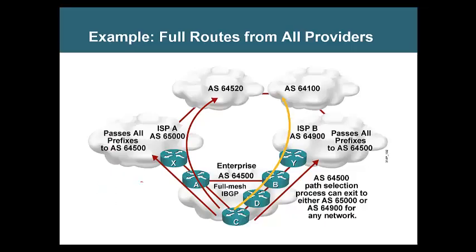Next, the third option is learning the complete routing table, the full route, from the ISP. If you want to learn the full route from your ISP, you need to have very big routers, very big, costly devices.